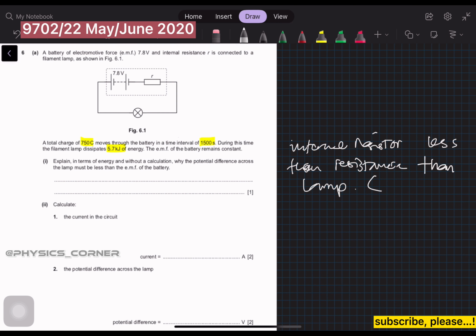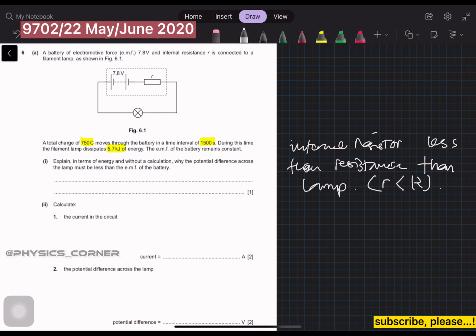So in simple terms, the internal resistance R is smaller than the external R. So the energy... the potential difference across the lamp must be less than the EMF of the battery. Yeah, that's it.